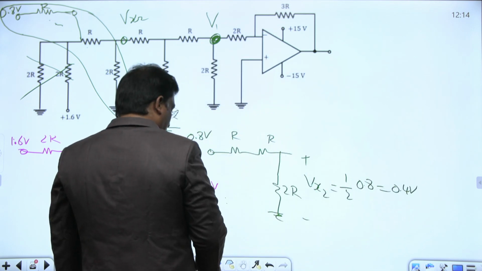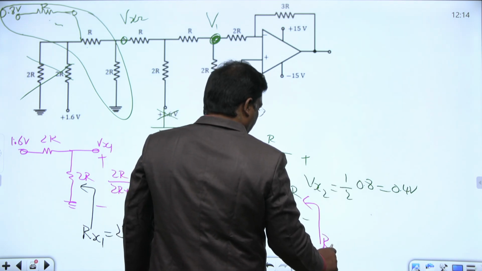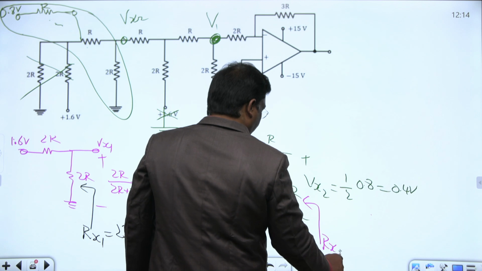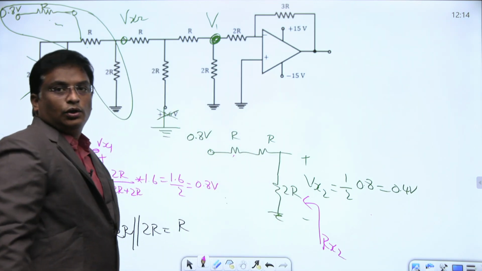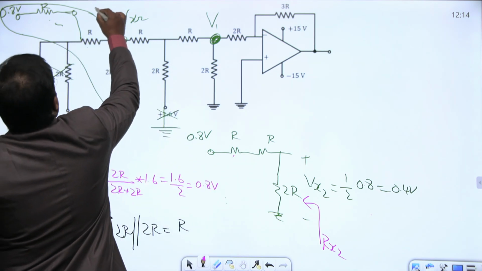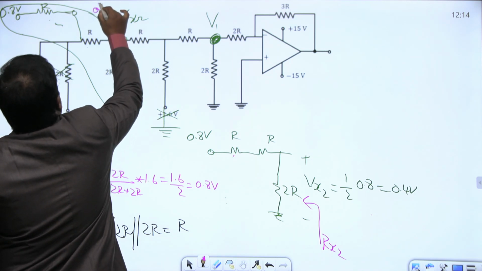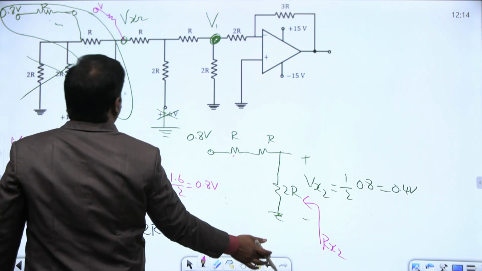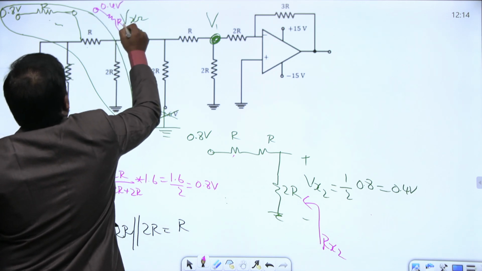And similarly, what is the RTH here? RTH looking into these terminals, or Rx2. Both resistances will be in parallel: 2R parallel to R. Therefore here again you get the voltage as 0.4 volts.